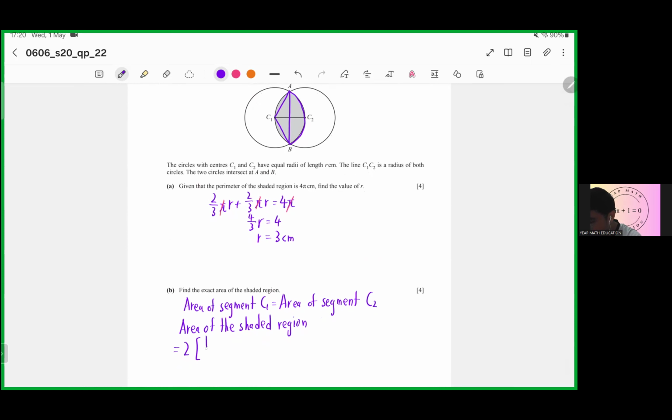First we take 1/2 times r, which is 3 squared, times 2/3 pi, and then minus 1/2 times 3 squared times sine 120.